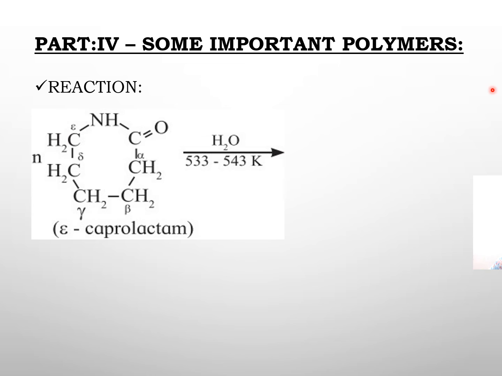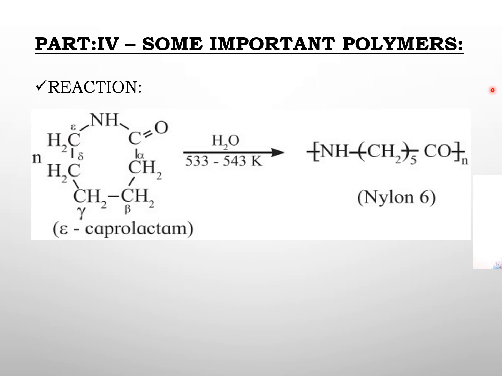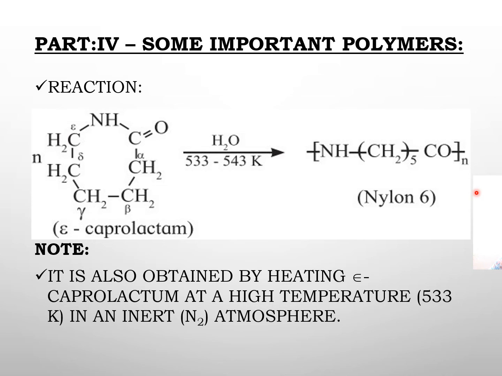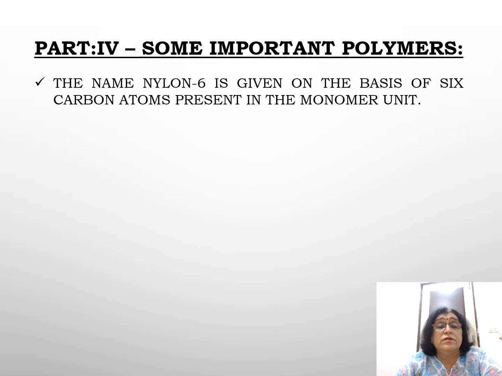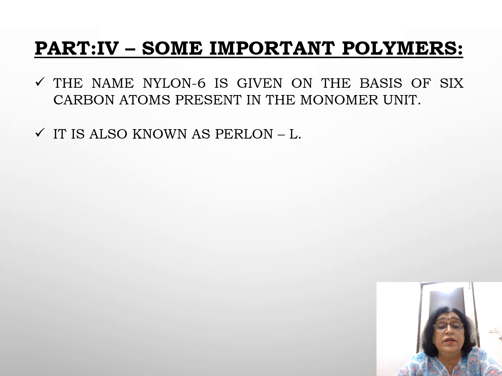When heated to 533 to 543 Kelvin, it undergoes ring opening polymerization and n molecules add up to form nylon 6. It is also obtained by heating caprolactam at high temperature in a nitrogen atmosphere. The name nylon 6 is used because of the 6 carbon atoms present in the monomer unit. It is also known as Perlon L.